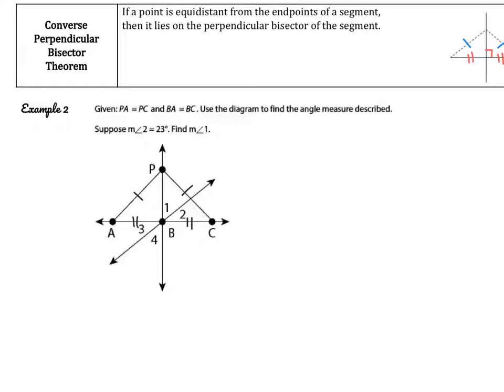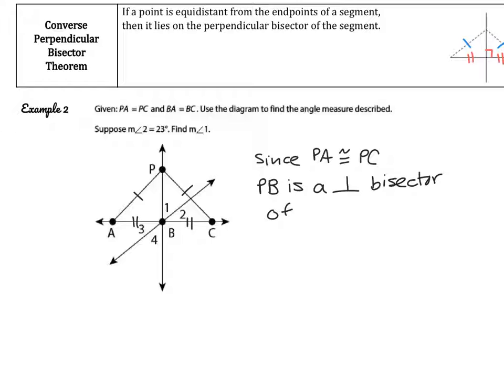So we can say, since PA is congruent to PC, meaning this point is equidistant to these two, we know that PB is a perpendicular bisector of AC. Again, since these are congruent, we know that PB is a perpendicular bisector.